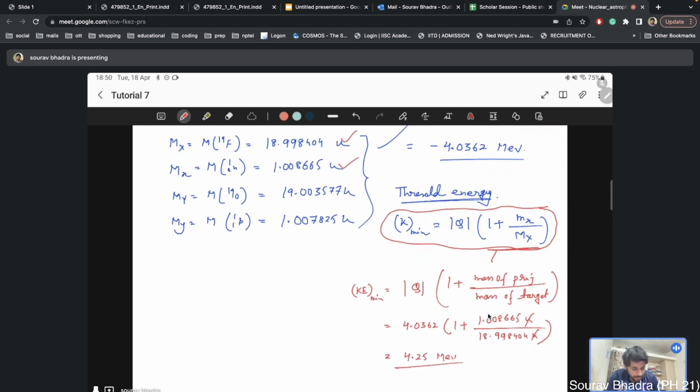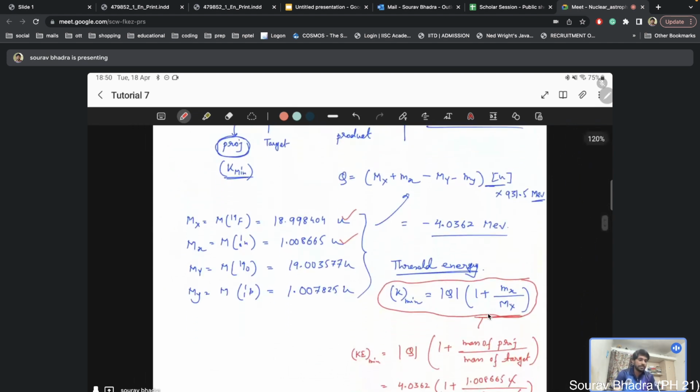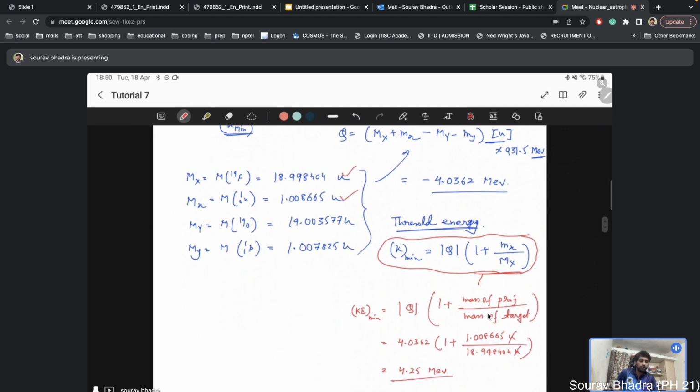That means if your projectile, which was a neutron in this case, has an energy of 4.25 MeV or above, then only the reaction occurs. Otherwise, if it has 4 MeV energy, then the reaction will not occur. So the minimum energy is 4.25 MeV.